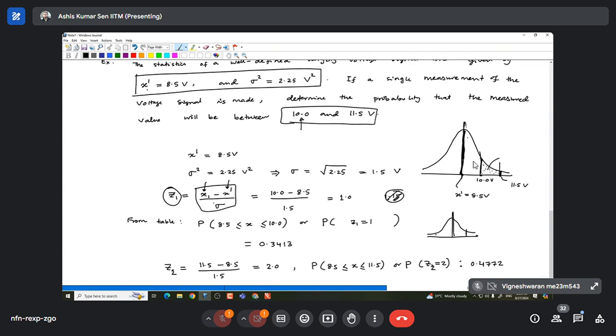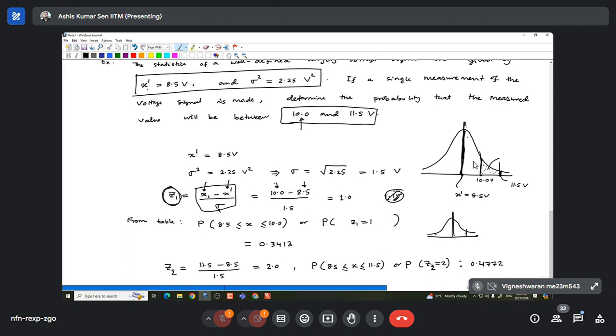You take the difference, divide by the standard deviation, and you get the Z variable. Corresponding to this Z variable, you can read the table and get the probability that the data is going to lie between the true mean and that particular data point.